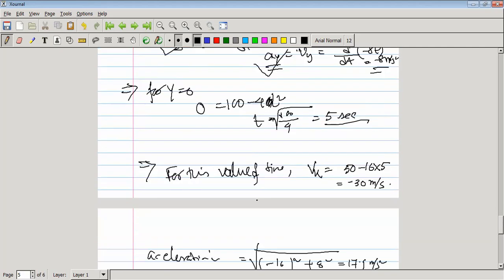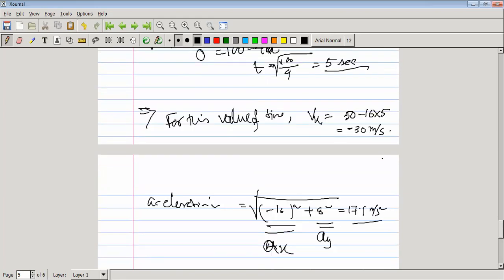So within those 5 seconds, how much are the velocity and acceleration? Velocity is given as 50 minus 16t, so 50 minus 16 into t, and t is 5, so just put it there. It indicates that velocity is negative here, right? Negative velocity. And the acceleration is how much?